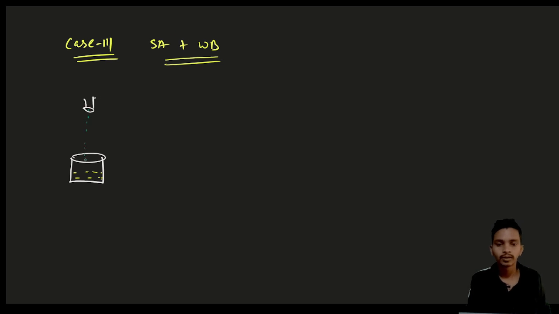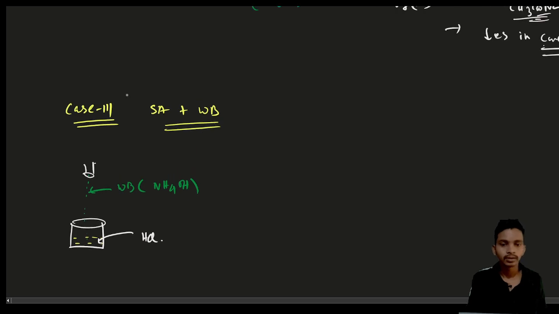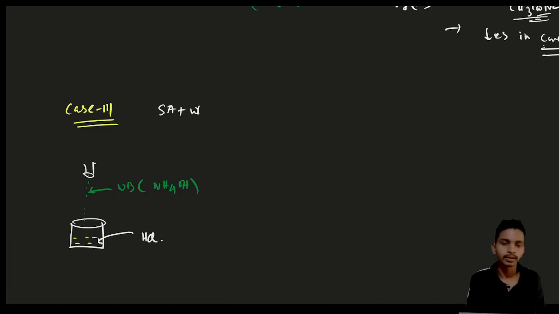Let's say I am adding drop by drop, and here I am taking a weak base. We can take any weak base, let's say we take NH4OH, and the strong acid is, let's say, HCl. So this is strong acid plus weak base.